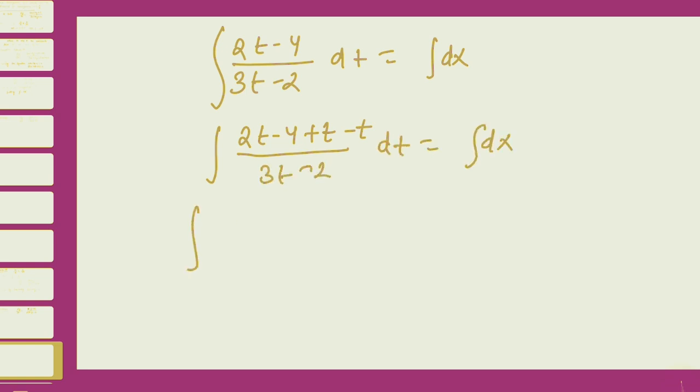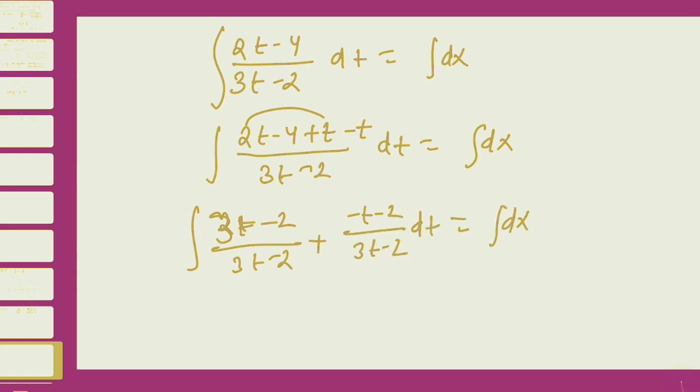So it will become (3t - 2)/(3t - 2) plus (-t - 2)/(3t - 2) dt = dx. Okay, so this will be 1 dt plus, and now again we will do the same: 1/3 times (-3t - 6)/(3t - 2) dt = dx.